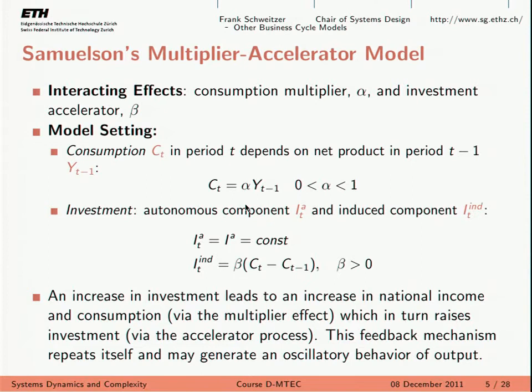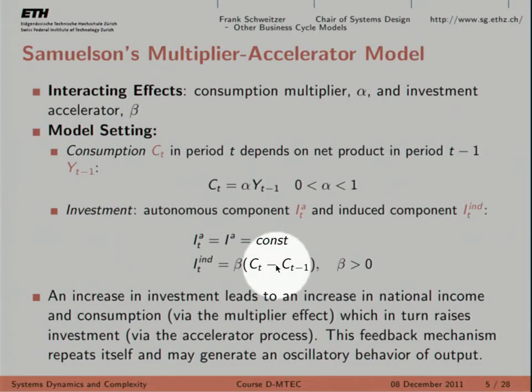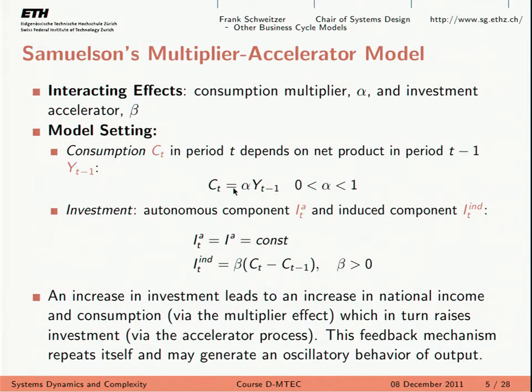Now Samuelson came, and he introduced also the idea of the accelerator. So another, for me, it's again just a parameter beta, which could be called a fraction, but for historical reasons, it's called accelerator. So we have the multiplier here. This is consumption. And the investment now consists of two parts, and you can recognize Keynes' touch here.